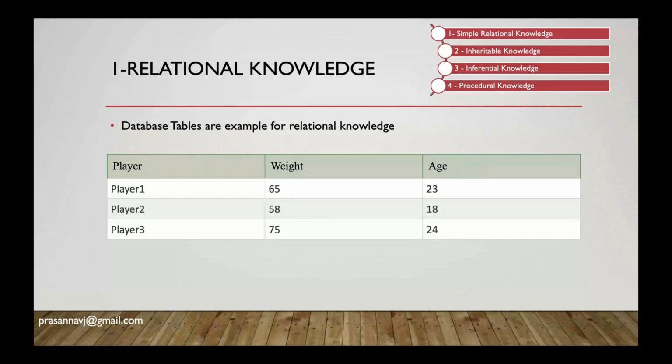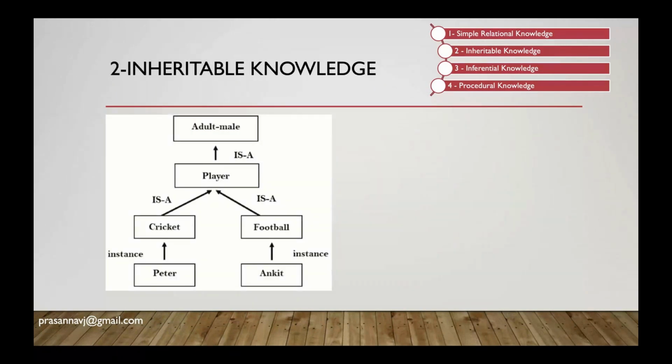The important second approach is inheritable knowledge, where an is-a relationship is represented. From an object-oriented programming background, we are aware of an inheritance workflow, where Peter is an instance of cricket.